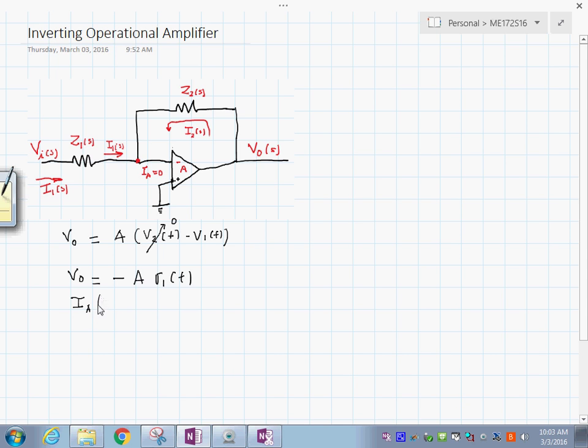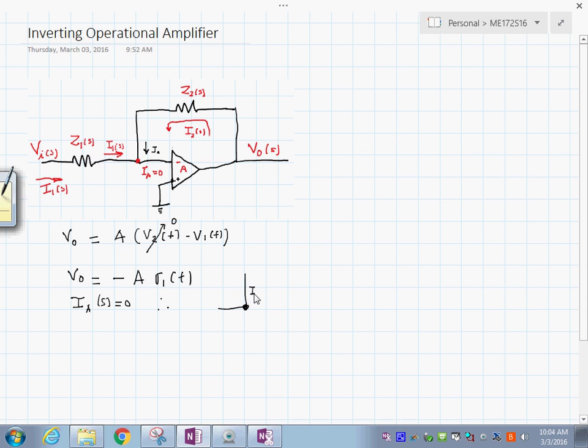In that node, this is I2 of S that comes down, and this is I1 of S, and this over here, I just told you, is I sub A equals 0.